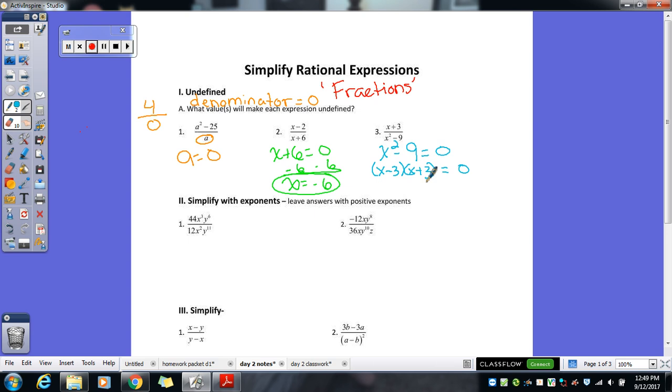So I'm thinking back to a couple years ago, and even last year, we set both sides equal to 0. So we get a positive 3 and a negative 3. So that one has 2 answers. If x is either 3 or negative 3, your fraction is going to be undefined for that.